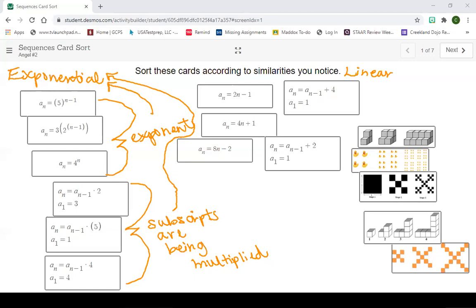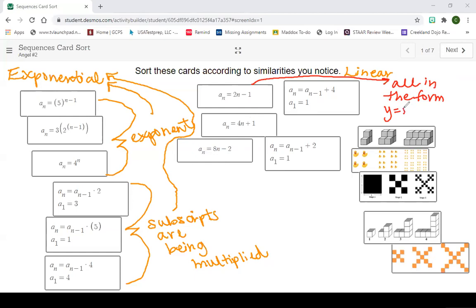So all that pile on the left is exponential. Okay, with linear. What do all of these have in common? They're adding or subtracting. They're also in the form, look. So all of these with linear, all of these are in the form y equals, or it's not y equals, a sub n is the same as y.